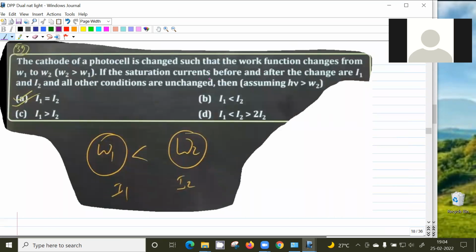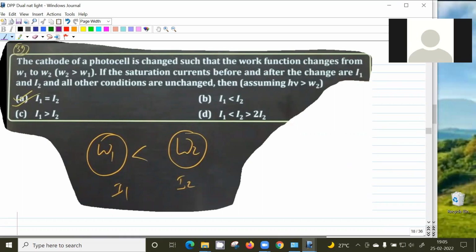This one. Now the work function changes. Now the conditions are changed.